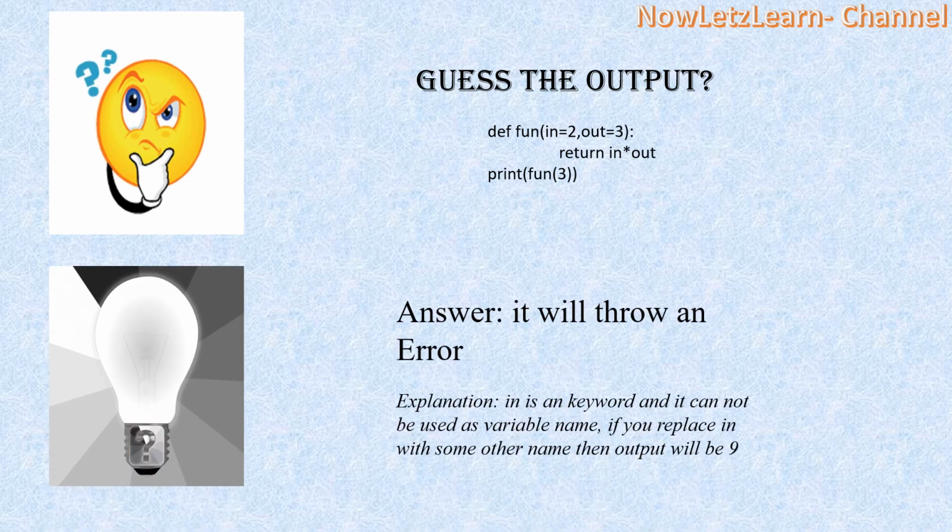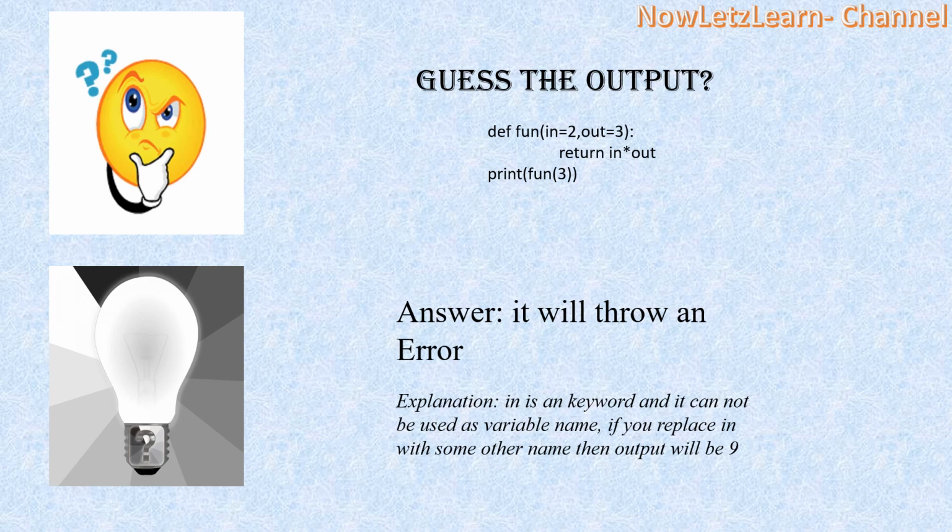Again, if you are good with basics in Python, you must know that you cannot use a keyword as a variable. In Python, in is a keyword, which is used for many purposes. Since it's a keyword, you cannot use it as a variable name, and that's the reason why you're getting an error here.